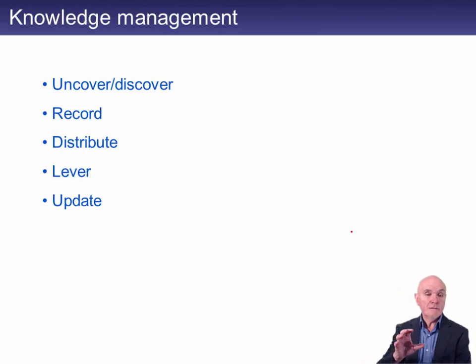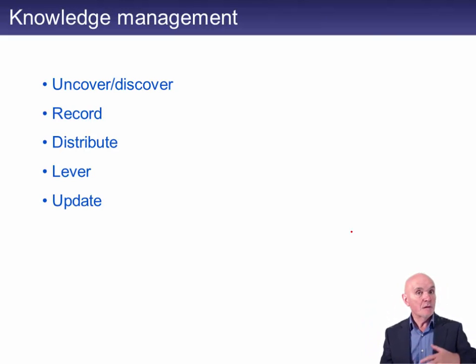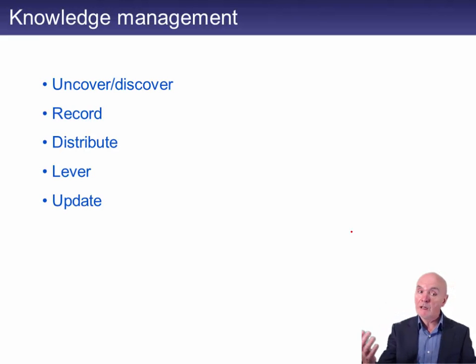What you want to do, really, is you want to uncover the knowledge. You want to record it so that it's kept safe. You want to distribute it to other people so they can use it. Leverage is a form of distribution, but it's really using knowledge in one area that could also maybe have applicability in another area. So something you learn about the American market, you can maybe apply to the European market.